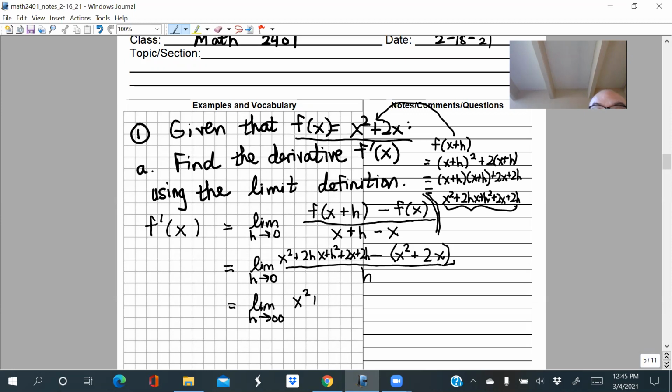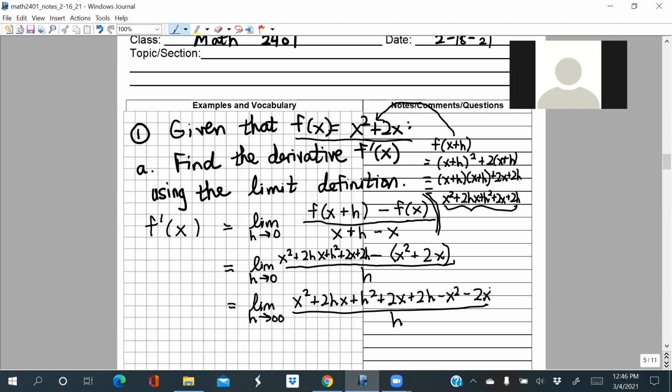So I have x squared plus 2hx plus h squared plus 2x plus 2h minus x squared, and then minus 2x, all of this over h. And at this point, some things are going to cancel. So Daniel, what cancels here? What cancels now in the numerator?